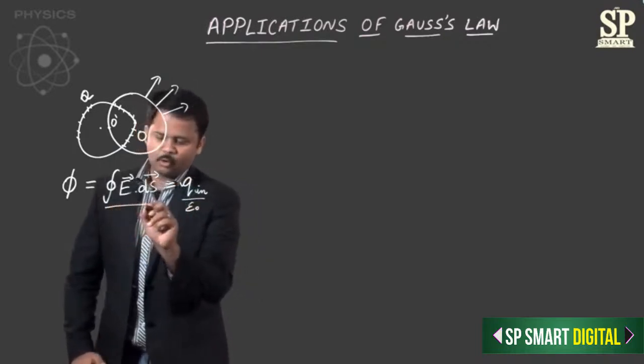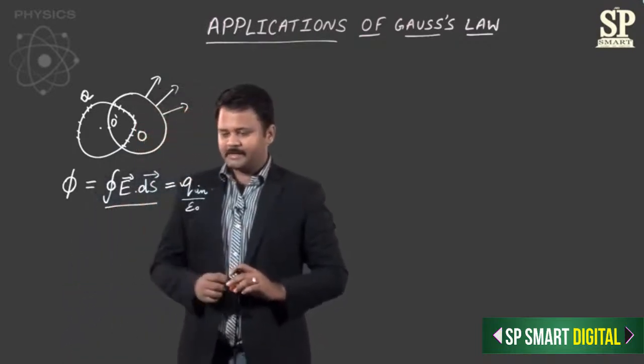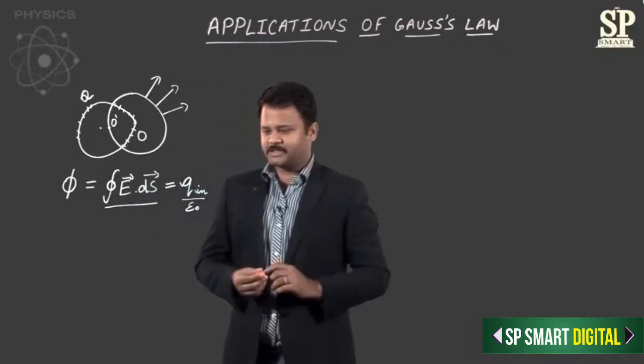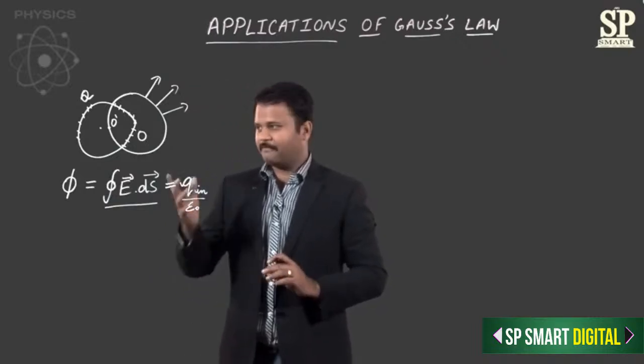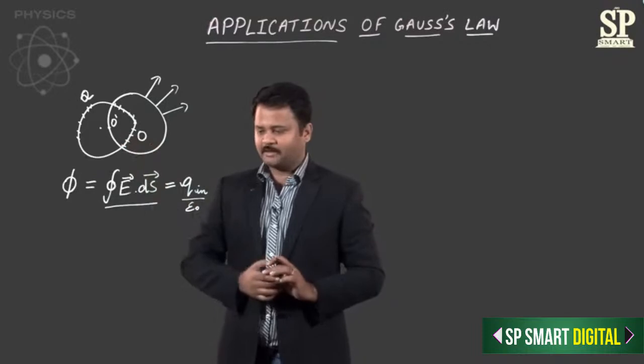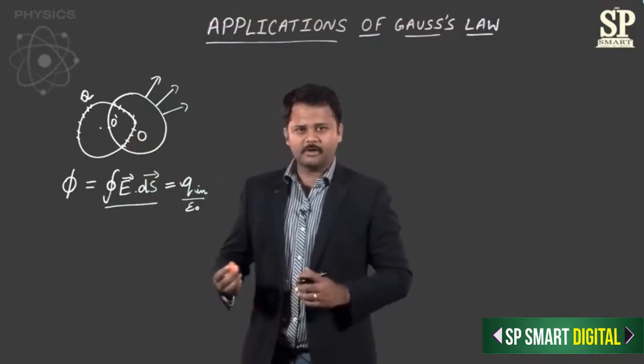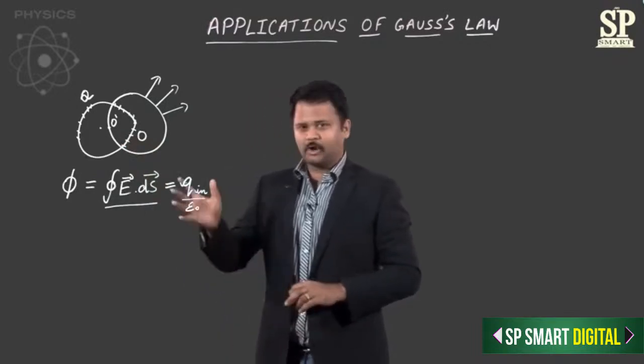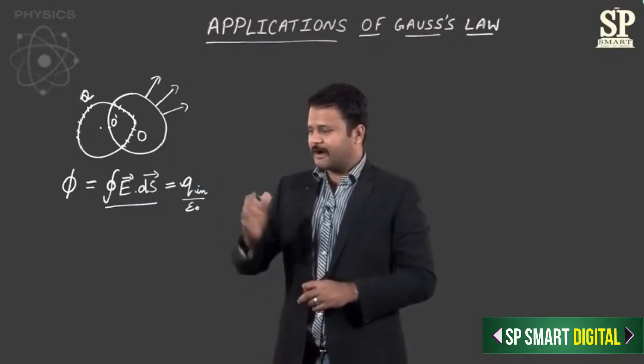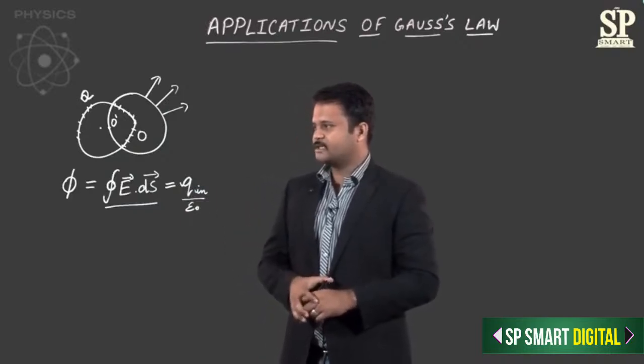We had to find this quantity. To find this, you can see in the right hand side of the expression, we have Qen, which we can find out by using some math here, and then epsilon naught is a constant. So this question is not so difficult. Let's try to find out what is the enclosed charge.